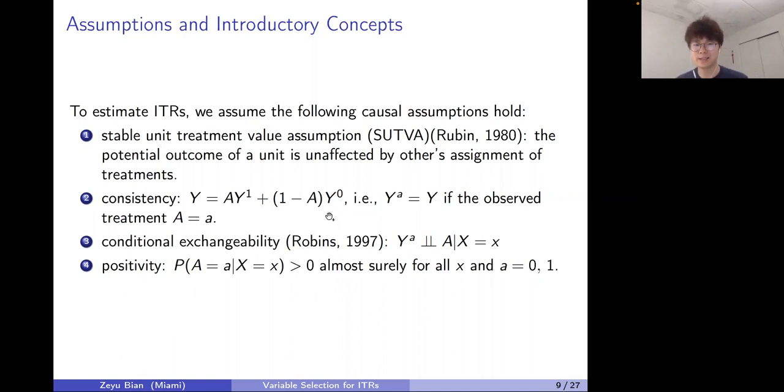We all know that in medical research, we love randomized trials because in that world, causality is equivalent to association. However, in many applications, we don't have a randomized trial, and that's why we need this assumption, conditional exchangeability.